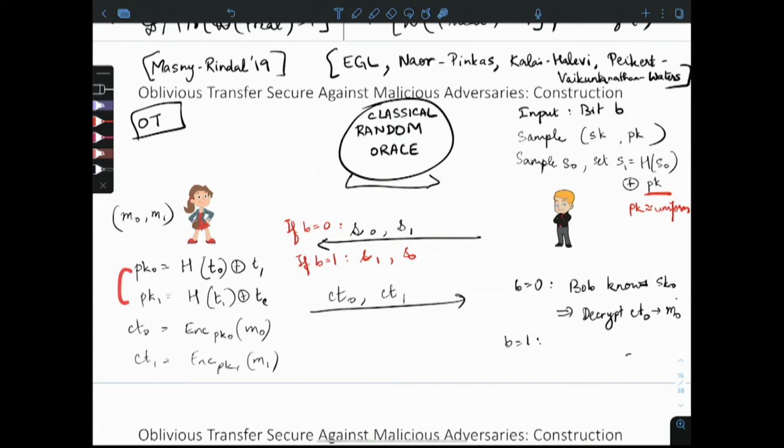So in this case, Alice's public keys are flipped, and now Bob knows SK1, which implies that he can decrypt CT1 to get M1. Okay, the argument is quite simple. It's just saying you flip your S0 and S1, and that flips which key Alice puts her Bth message in.